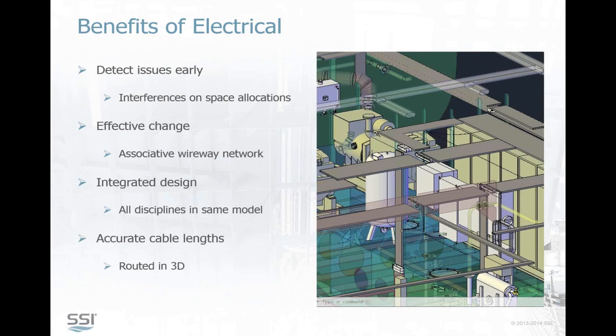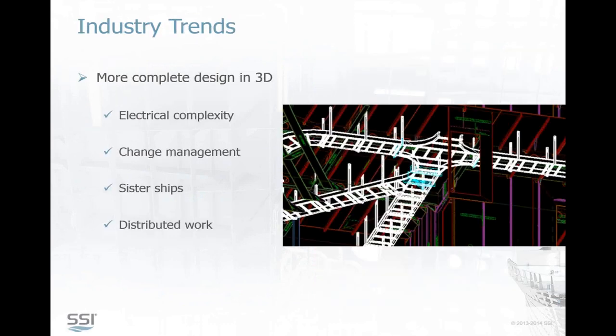Effective change management throughout the design, production, installation, and verification is part of the value proposition of ShipConstructor, and this just complements that. We're seeing increased reuse of designs and sister ship projects, so we have a more complete design to begin with. There is also increasing distributed work between multiple companies and organizations, so contracting out with multiple organizations involved in the design and production of a vessel.